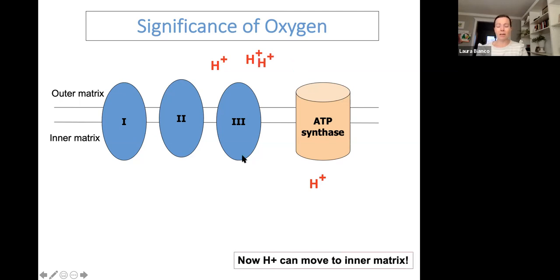And now that's going to allow the rest of these hydrogen ions to move in. Okay, what would happen next is that another oxygen molecule would bind to these hydrogen ions. They would form water, they would go away, and then these last two would be able to come in.